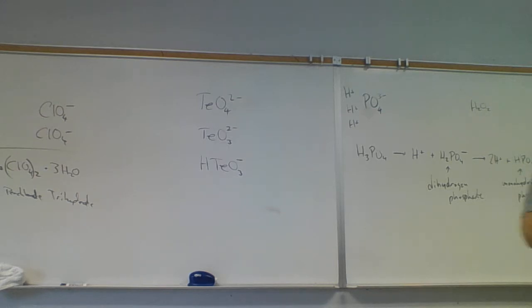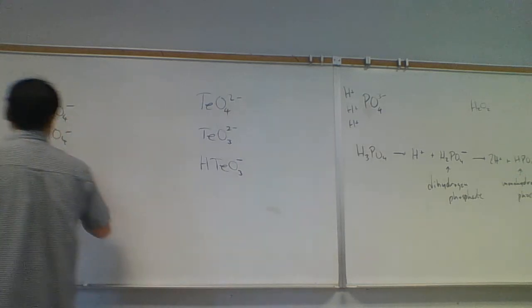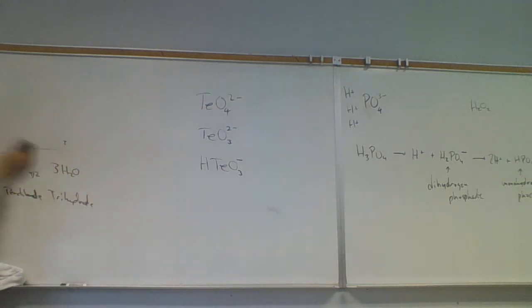And so for barium nitrite, we need 2 of them, so it's just going to be Ba(NO2)2. That'd be the barium nitrite.